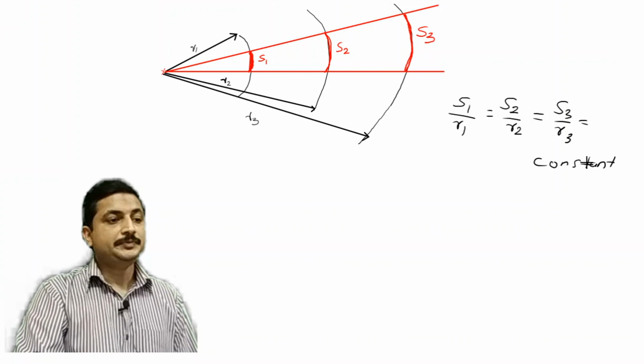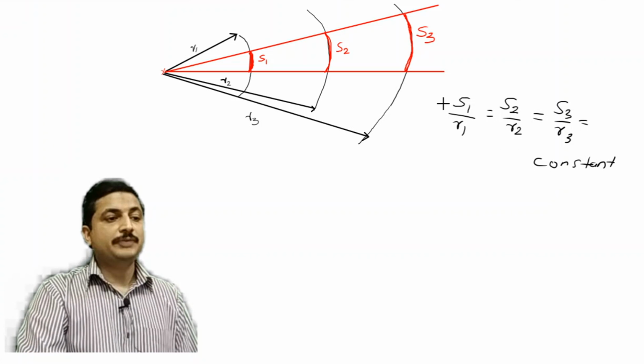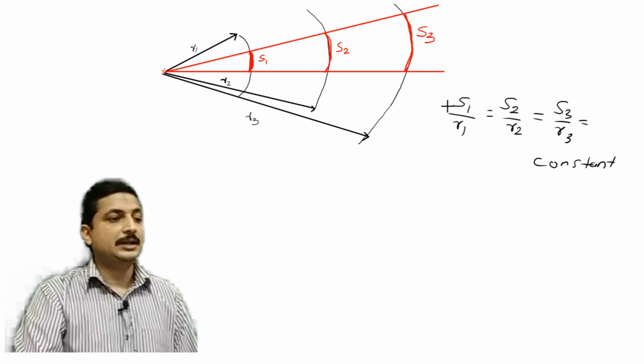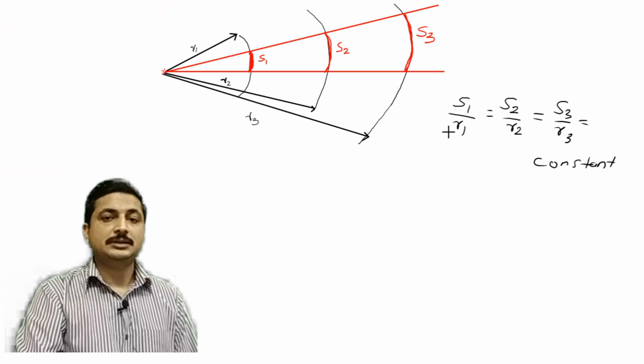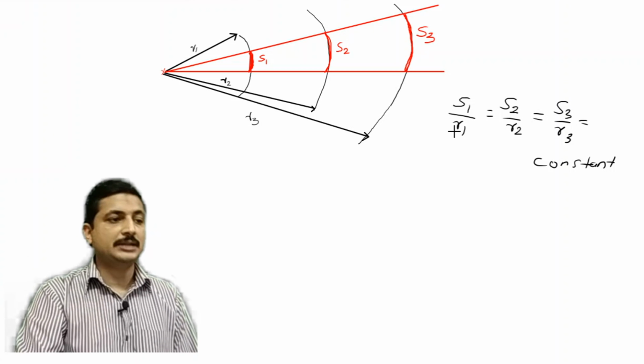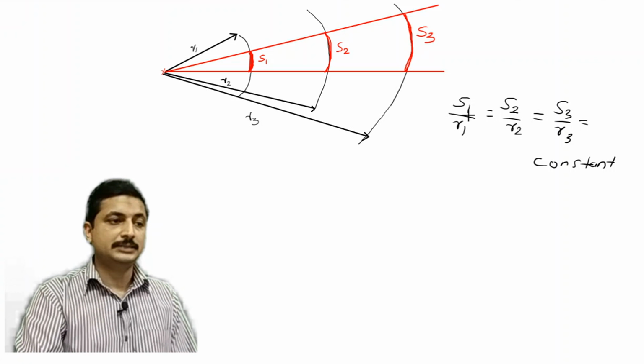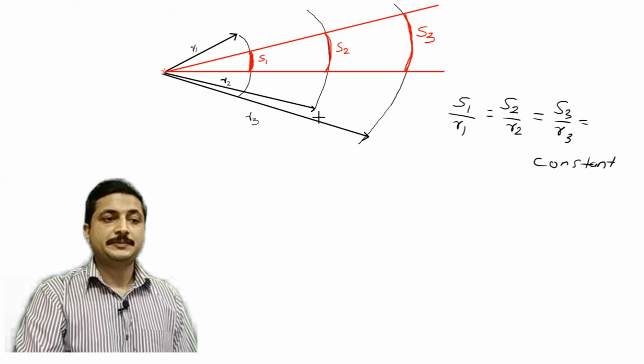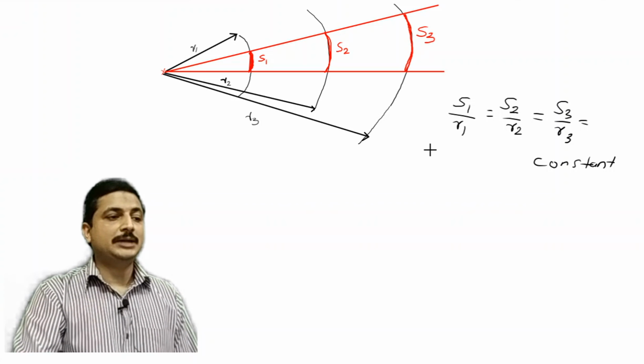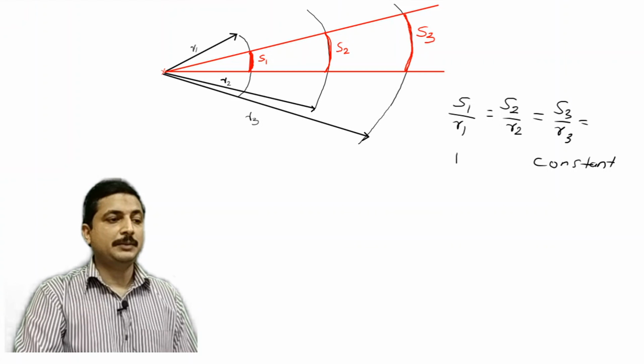If you explain it with dimensions, see here, S is arc length, R is also a length, in the sense S is also length, R is also length. S is the arc length, R is the radius by which this arc is drawn, right? So both are lengths. So if you measure in dimensions, this will be length, this will be length.